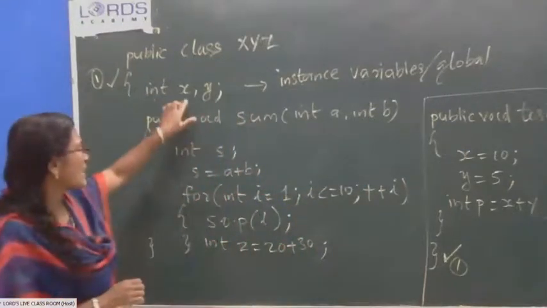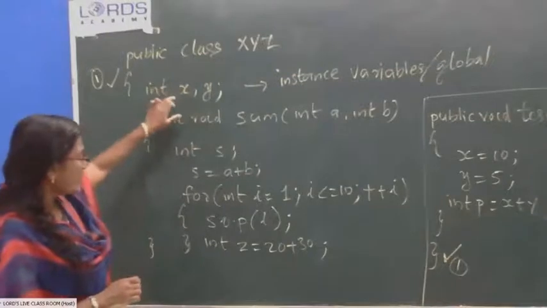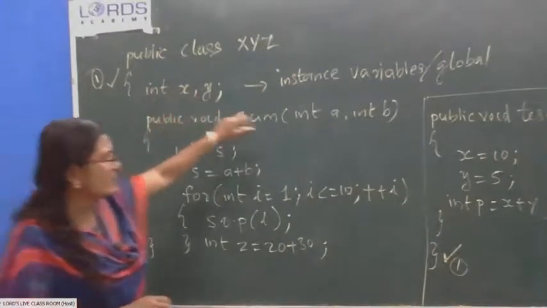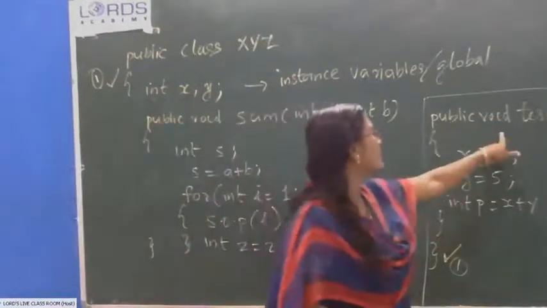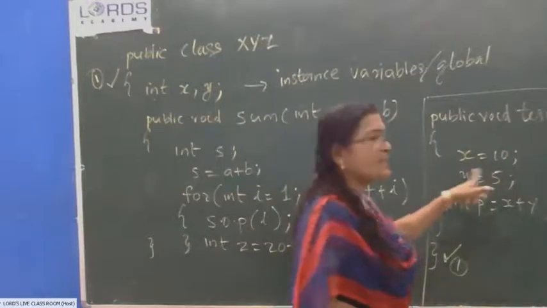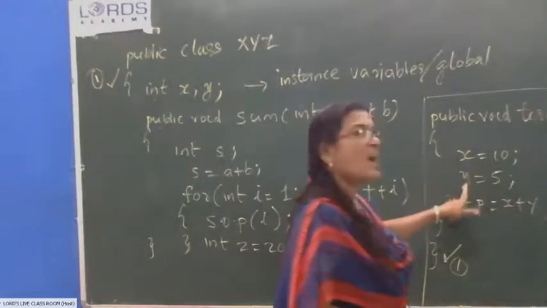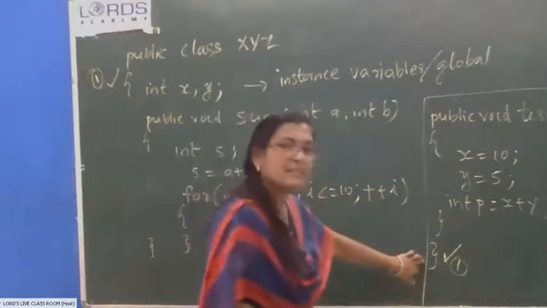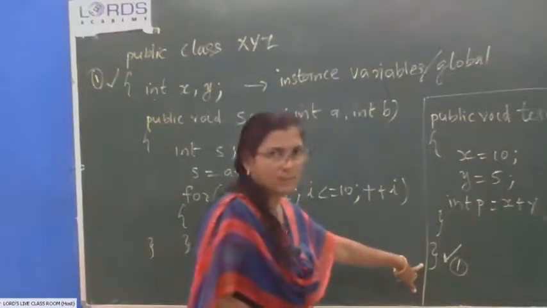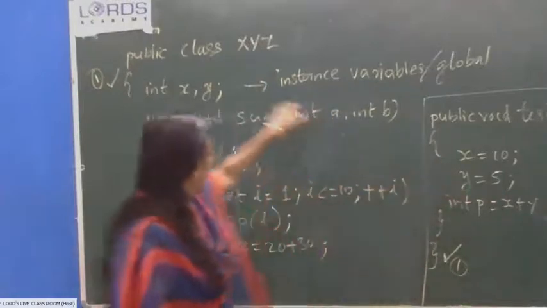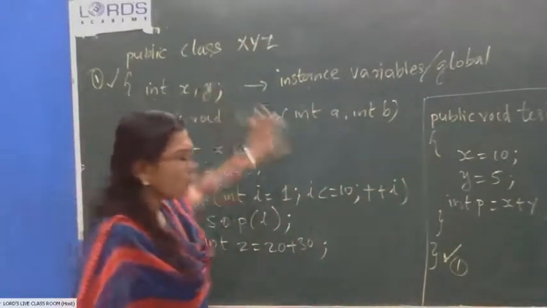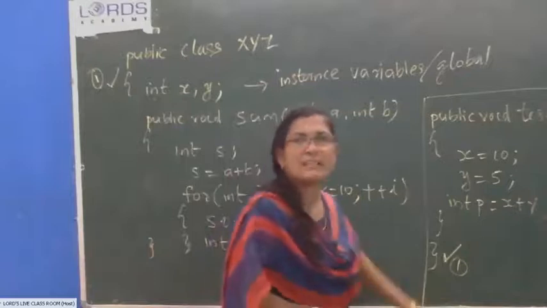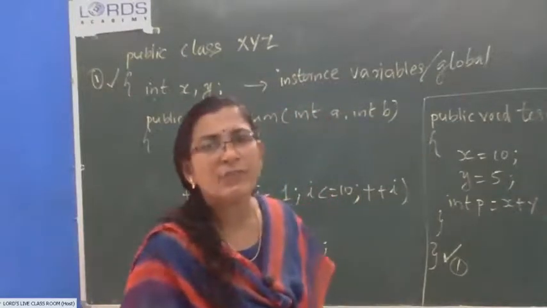For example, x and y are referred to in this method, public void test, x equal to 10, y equal to 5. So x and y are available anywhere in this class till the closing of the block. Variables declared at the beginning are available throughout the class.